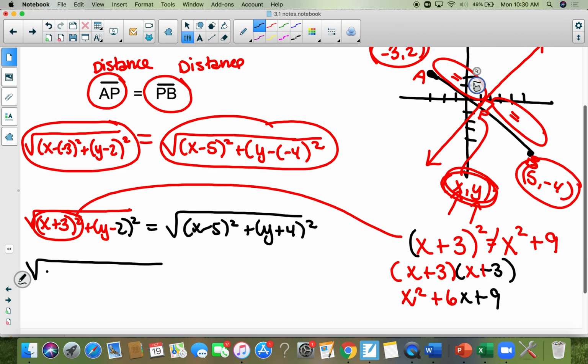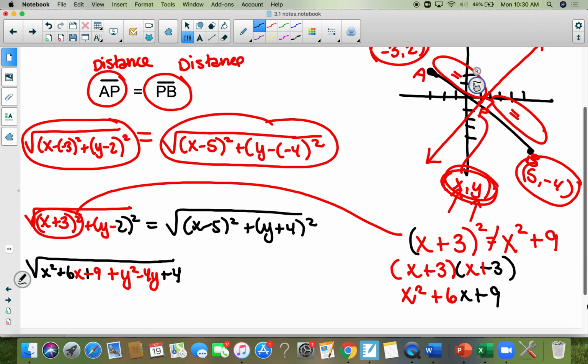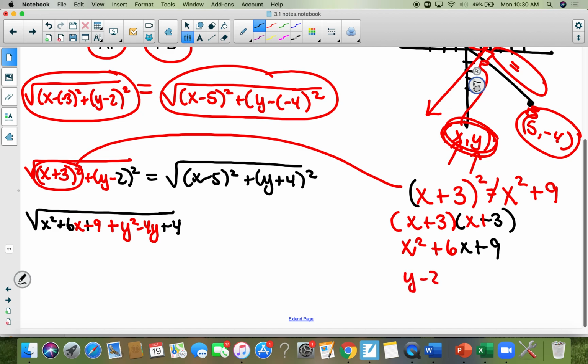And some of you, that's what you're doing wrong on the test. Plus, again, I take y squared minus 4y plus 4. You'd have to show that y minus 2 times y minus 2. Again, I'd probably come over here and show my work. That's really y minus 2 times y minus 2, which is y squared minus 4y plus 4.